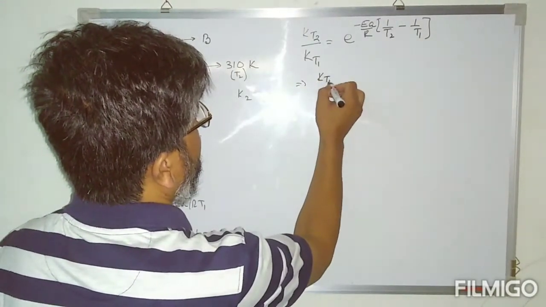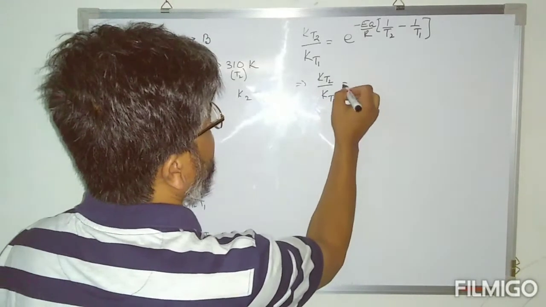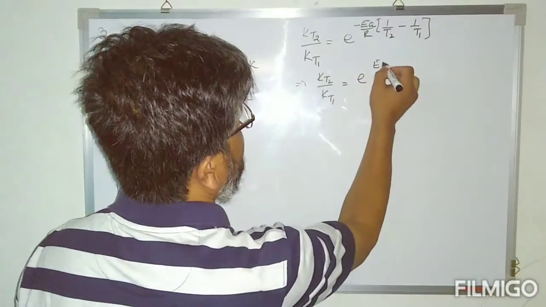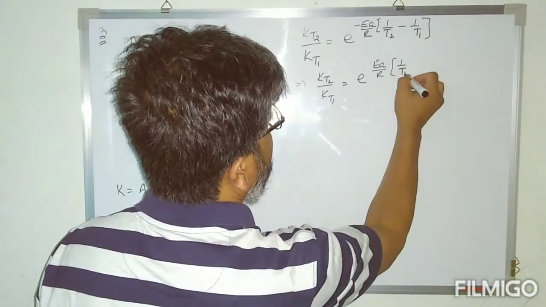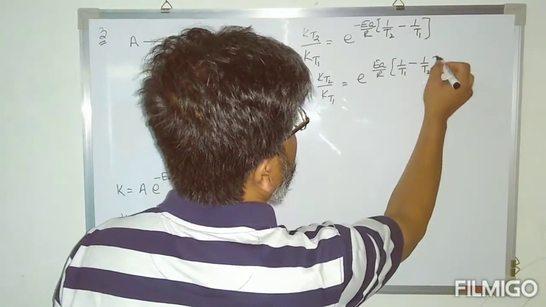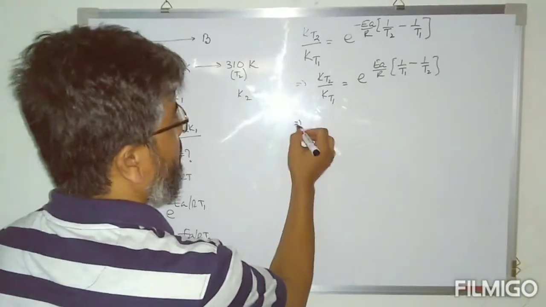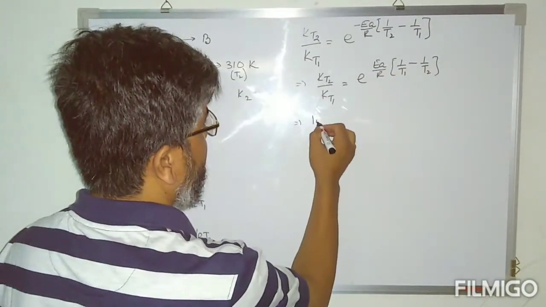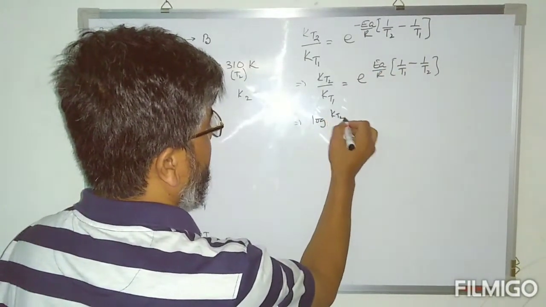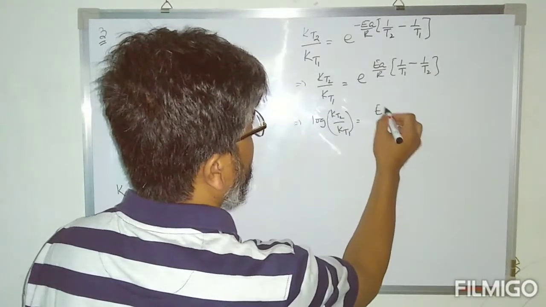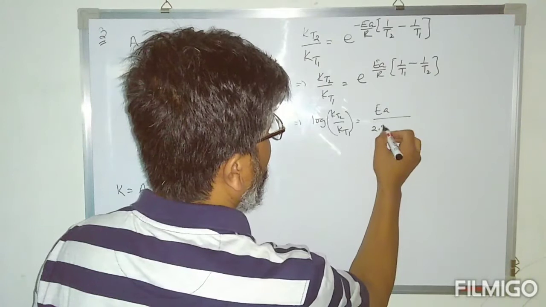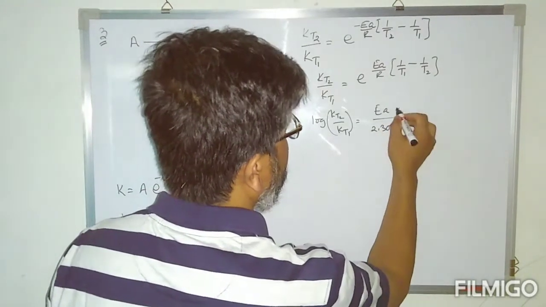Or KT2 by KT1 is equal to exponential EA by R, 1 by T1 minus 1 by T2. Now taking logarithm of this equation, we get log KT2 by KT1 is equal to EA by 2.303 R.